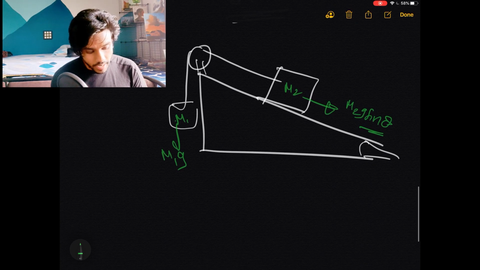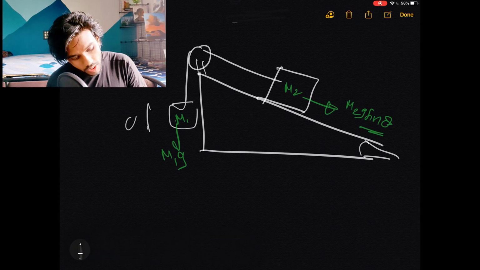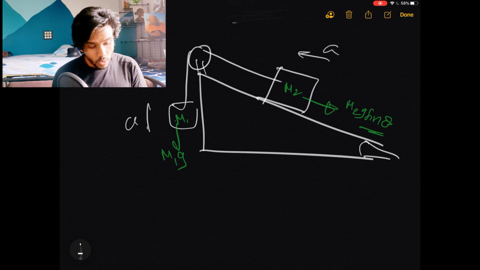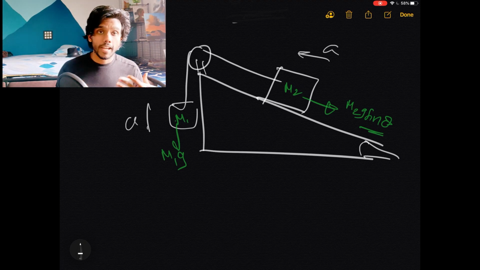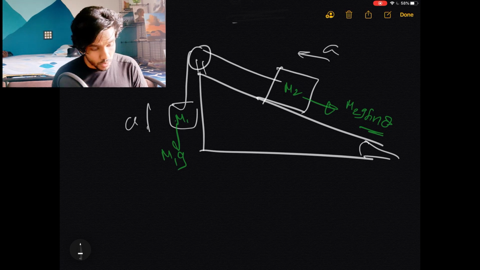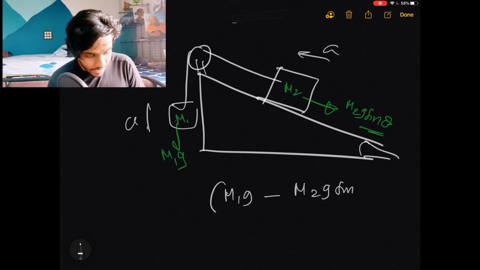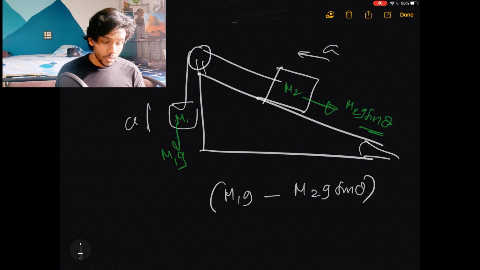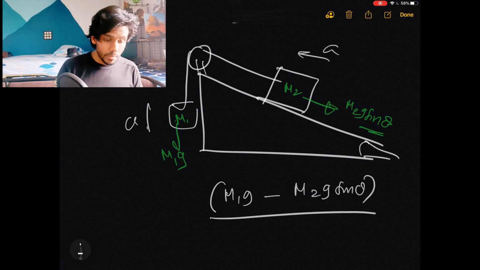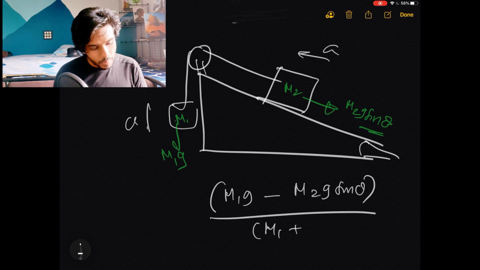So when I try to write the acceleration of the system, both are accelerating obviously. The net force trying to drive the system is M1g minus M2g sine theta. That is the net force driving the system, and who is being driven? The entire masses, M1 plus M2.